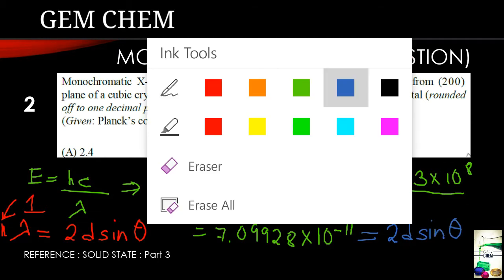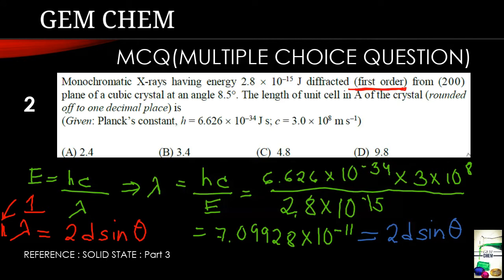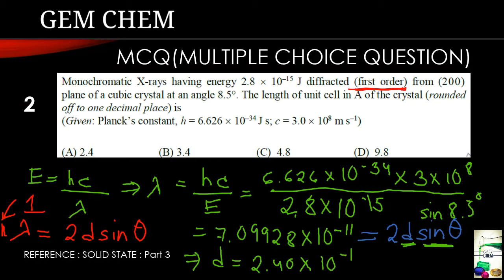Now we will find out d. So d will be found just by substituting the value of sine theta here. So here it will be sine 8.5 degree and ultimately we will get the value as 2.40 into 10 to the power minus 10 meter.